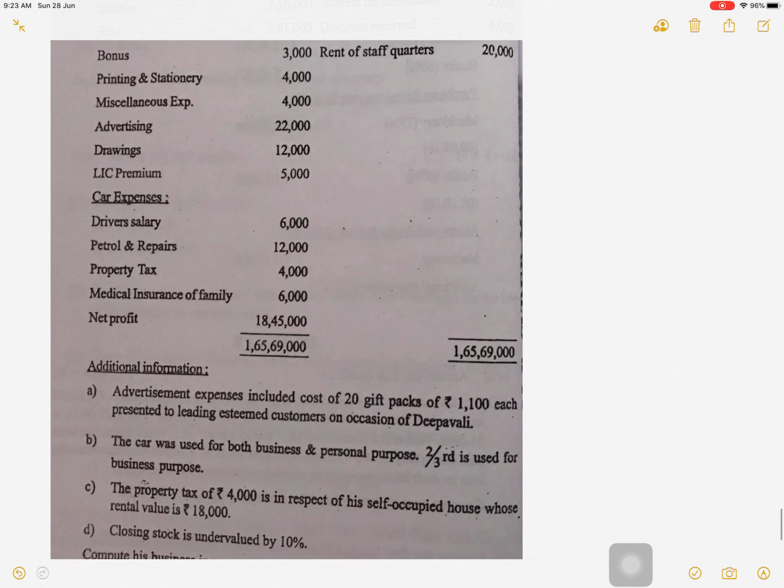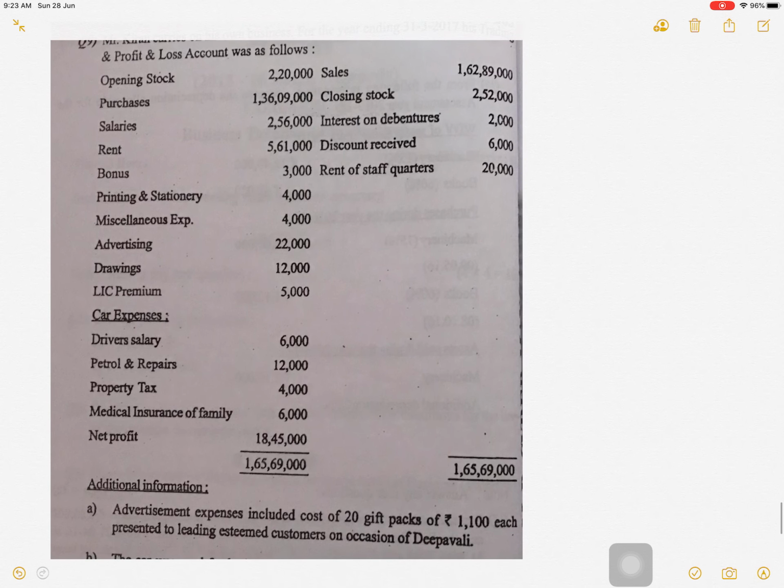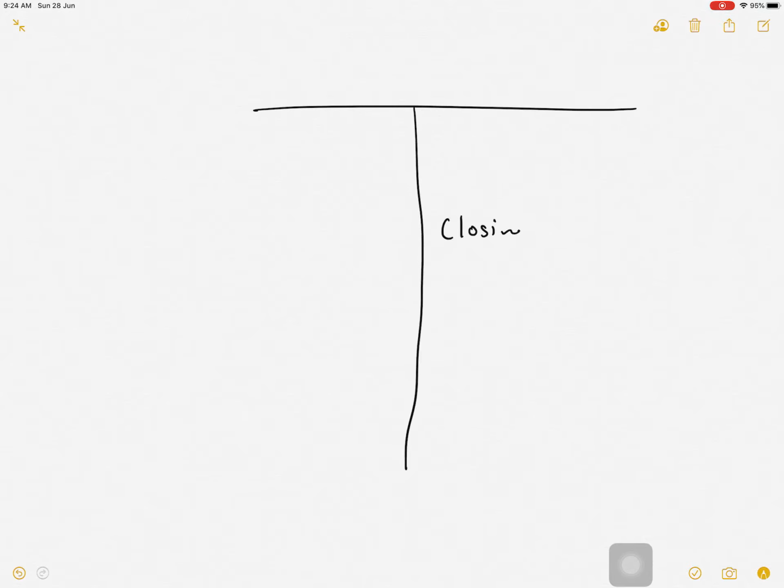Next, closing stock is undervalued by 10%. What are you supposed to do? How much is the closing stock? 2,52,000. Now this is my trading and P&L account.